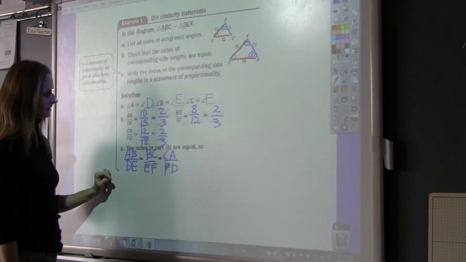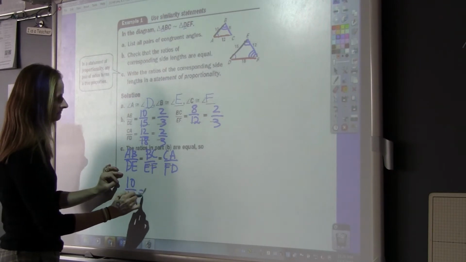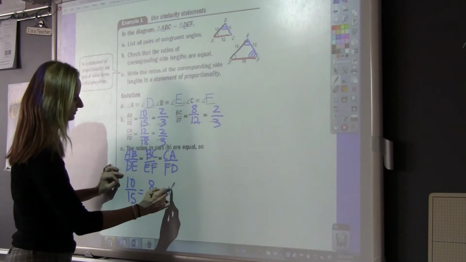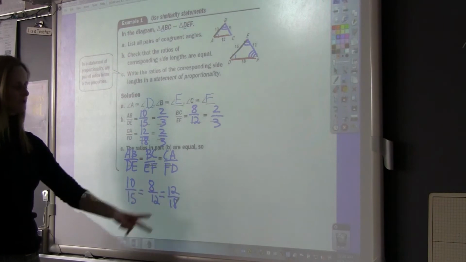Okay. So we've got 10 to 15 is going to equal 8 to 12 is going to equal 12 to 18. Yay, 2/3 equals 2/3 equals 2/3.